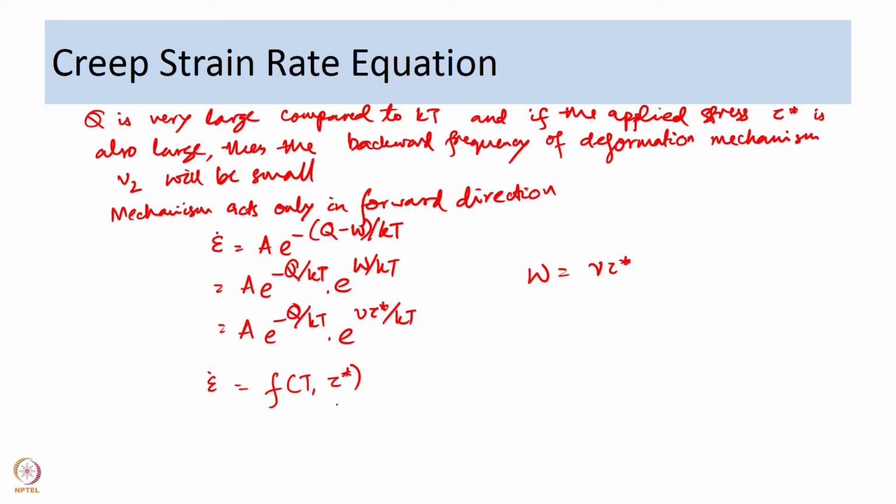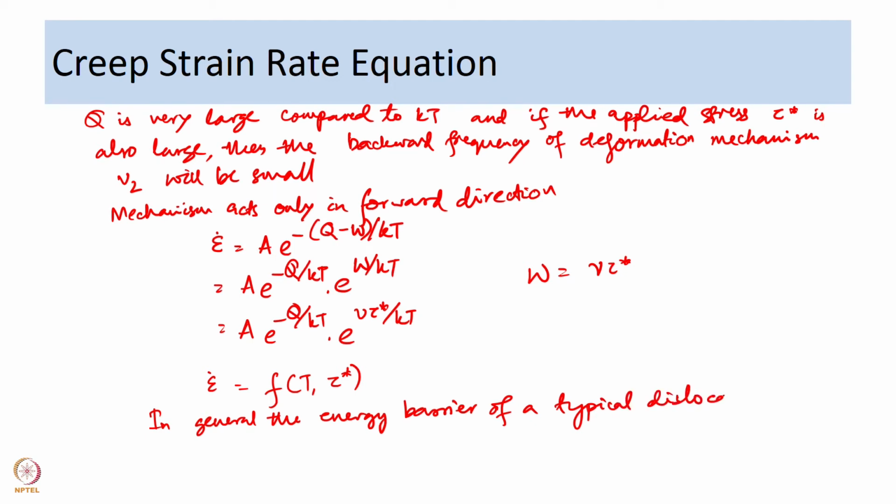In general, the energy barrier Q of a typical dislocation reaction is of the order of 1 electron volt or larger.